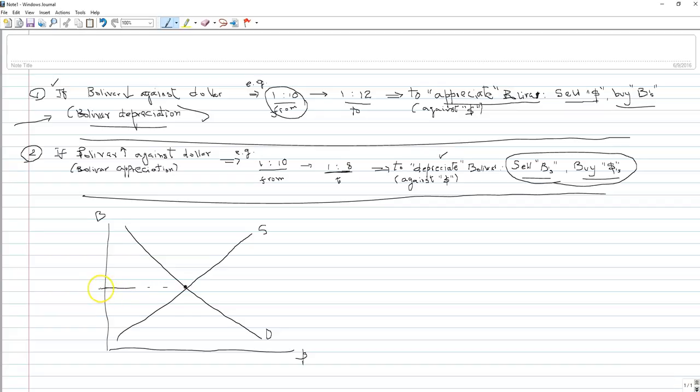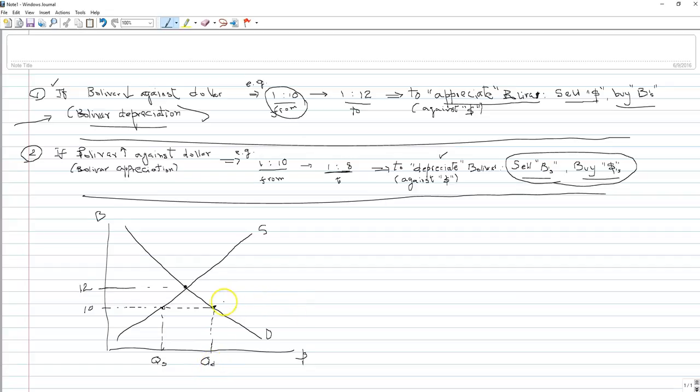So that price is now 12. And the 10 is now below the 12. And as you can see, this is a situation of disequilibrium where the quantity supplied of dollars is less than the quantity demanded of dollars.